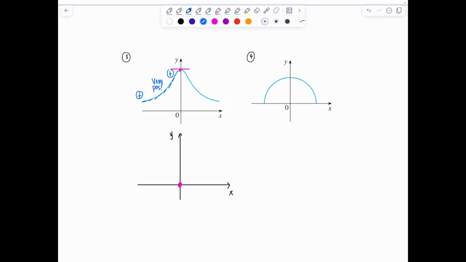That means we're going to be above the x-axis in the graph of the derivative. We're going to have a little bit of a peak, get very positive, and then get back to 0. But the whole time we're above the x-axis. Does that make sense? Try to match up the very positive part with where the max is, if you can.